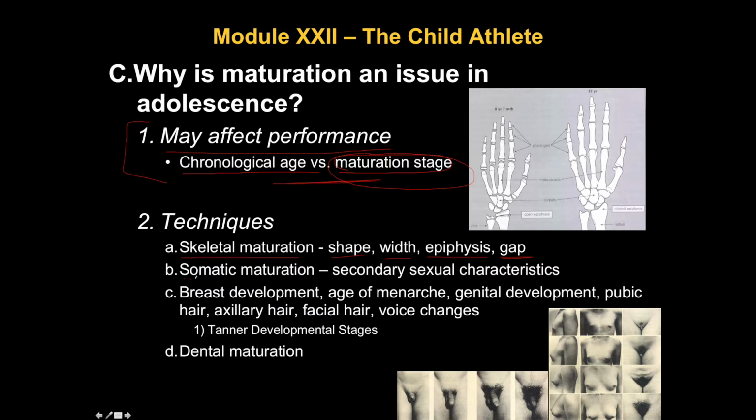We can also look at somatic maturation, so the secondary sexual characteristics, which include breast development and the age of menarche, genital development, pubic hair, axillary hair, facial hair, voice changes. The Tanner developmental stages, which is something a physician would use to determine maturation stage. We can also look at dentition and look at dental maturation as well.